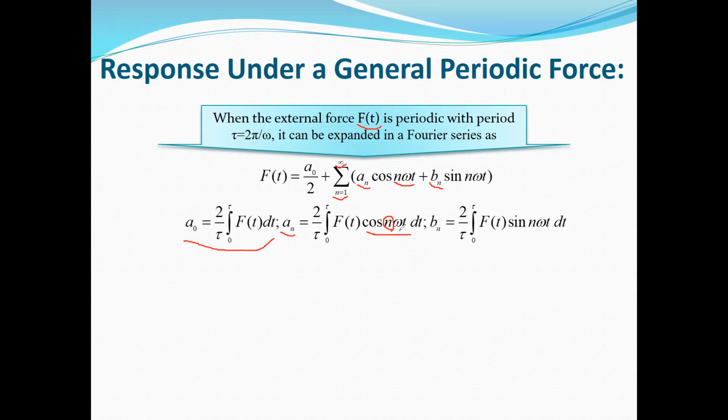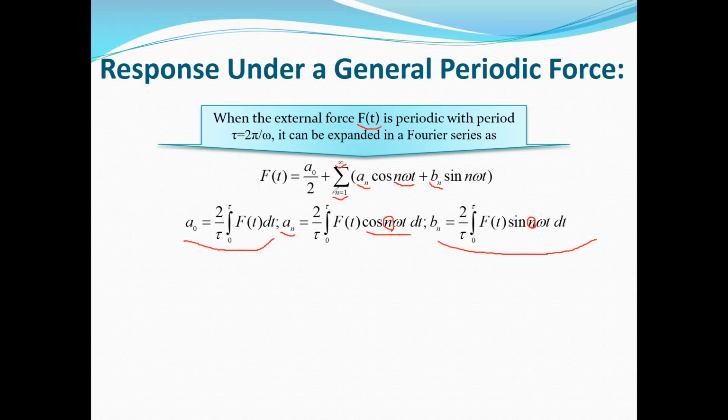And also for b_n, the coefficient of sine harmonics, we can use this equation. Again, if you solve this integral, you can see that b_n is a function of n again. So finally, f(t) can be rewritten as a combination of cosine and sine harmonics with different frequencies.